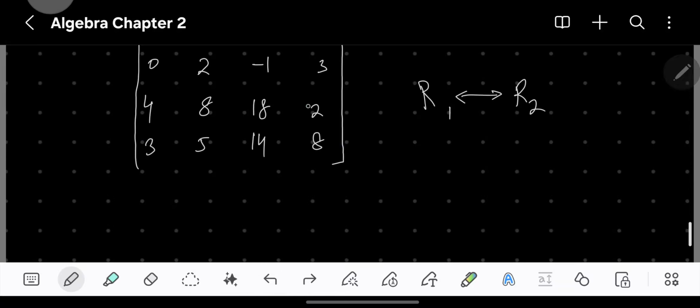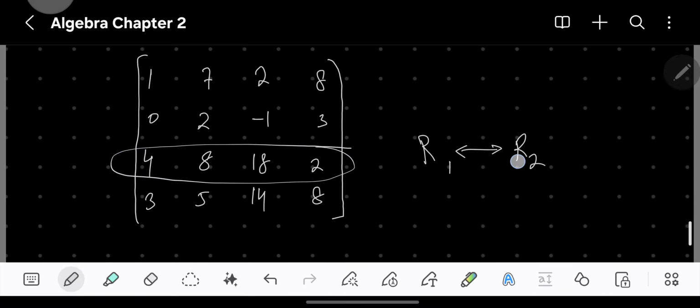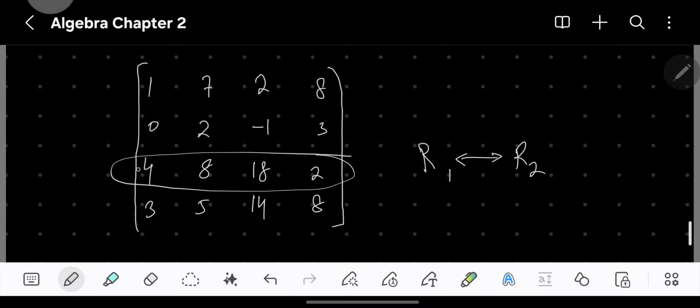Let's check what changes are needed in R3. In R3, the entry is 4. What to do with 4 to make 0? 4 minus something times this, because I have to use this row now, since this is the pivot, times 1. What should I write here?